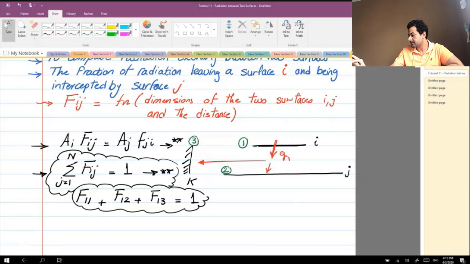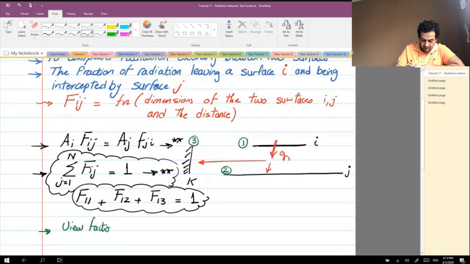I have some special cases, but let me write a note for you. The note is about the view factor Fij.